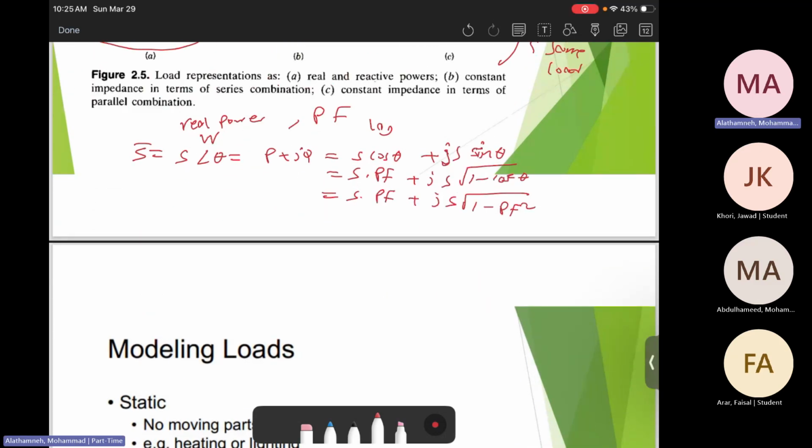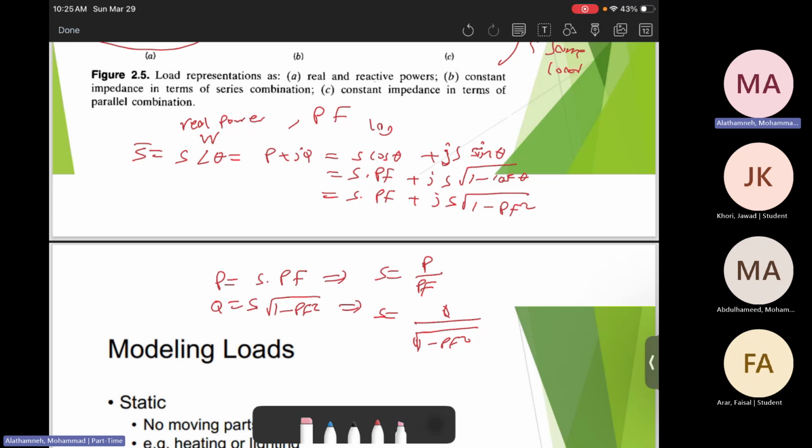In summary, P equals S times power factor, therefore S will be P divided by power factor. And Q equals S times the square root of 1 minus power factor squared, therefore S will be Q divided by the square root of 1 minus power factor squared.